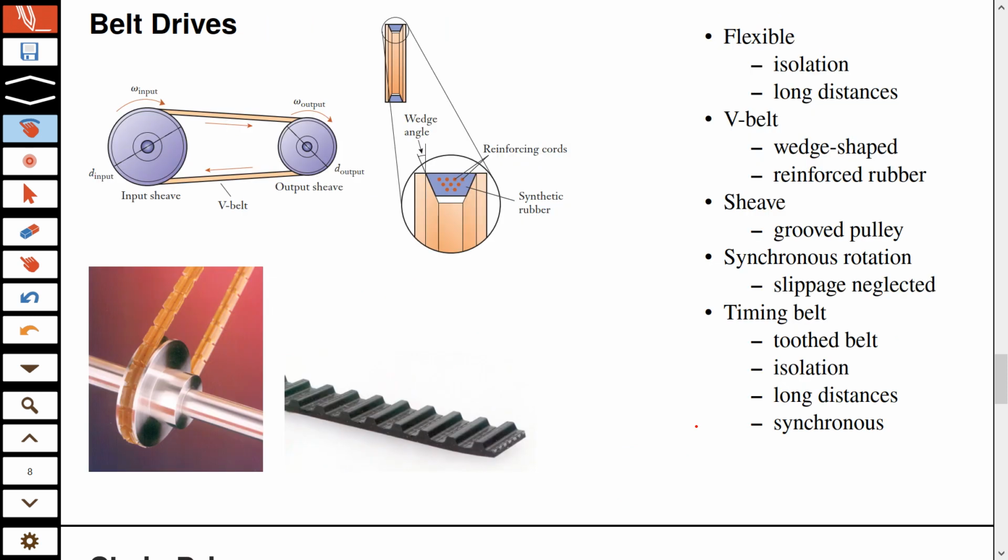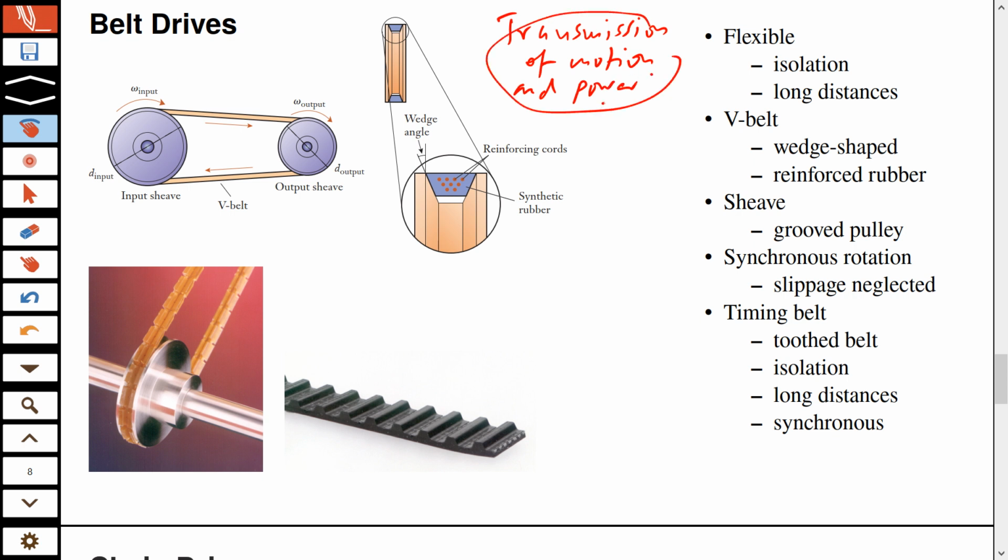Okay, the next one. So we now move on to the next topic. So far in this chapter, remember this chapter is about transmission of motion, and of course power, because you cannot have motion without power. For that transmission of motion, we have only considered gears so far in this chapter.